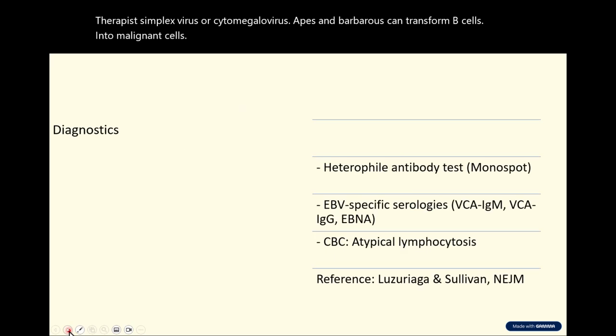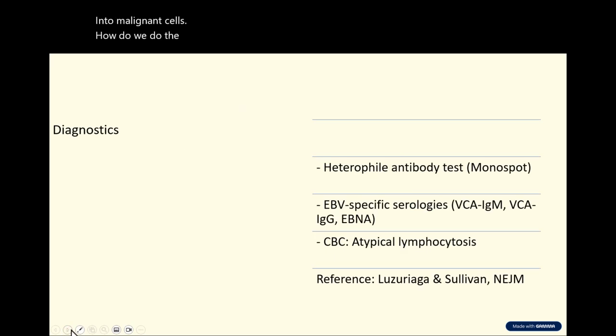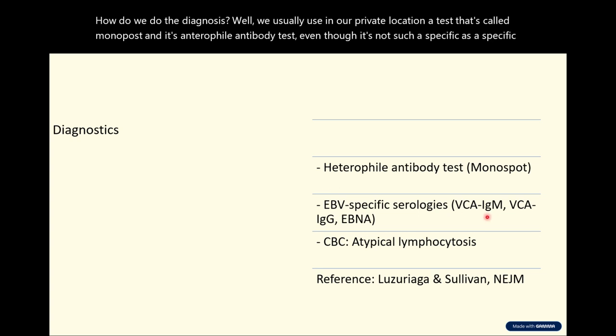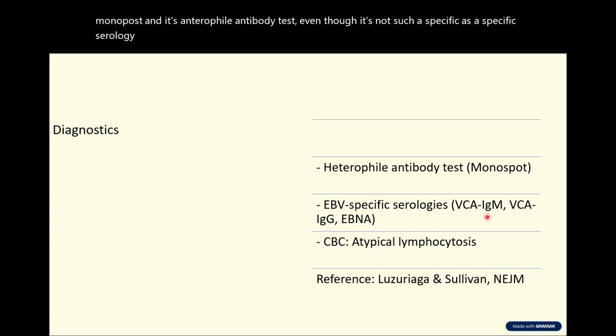How do we do the diagnosis? Well, we usually use in our private location a test that's called Monospot, and it's a heterophile antibody test, even though it's not as specific as a specific serology like IgM.